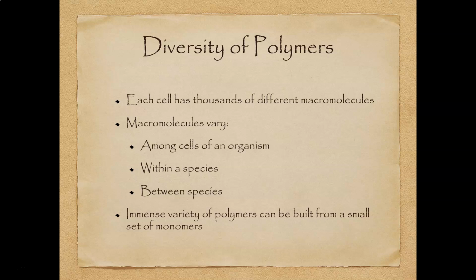So when we look at polymers, there's a huge diversity in them. Just like we've talked back in organic chemistry in chapter 4, the fact that there's this immense diversity in carbon molecules, well, we utilize that diversity in carbon-based chemistry to really be the underpinnings here for our biochemistry as well. So each cell can have thousands of different macromolecules.